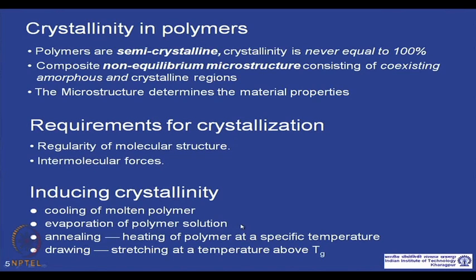You can introduce crystallinity by evaporating a polymer solution slowly, and another way we can increase crystallinity is by drawing, which basically means stretching the polymer chains at a particular temperature above Tg, by which they can align and then crystallize with each other.